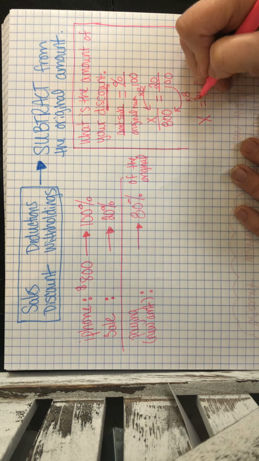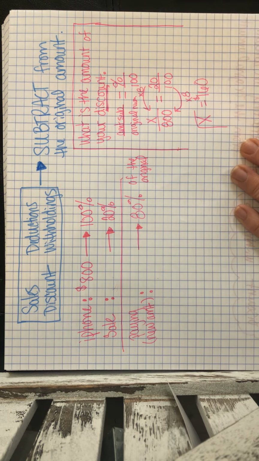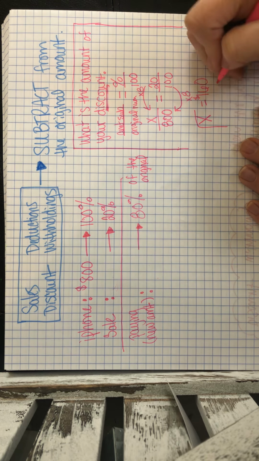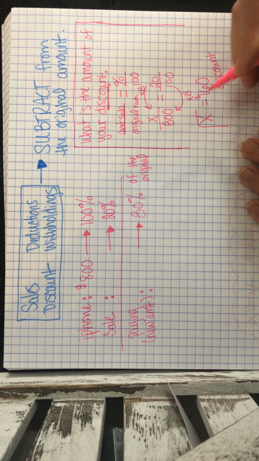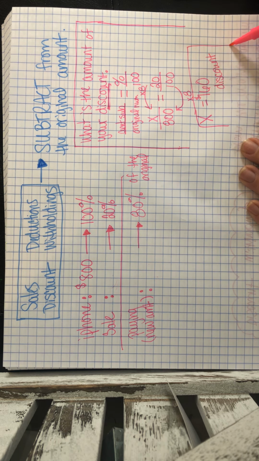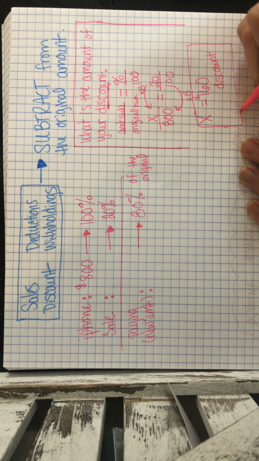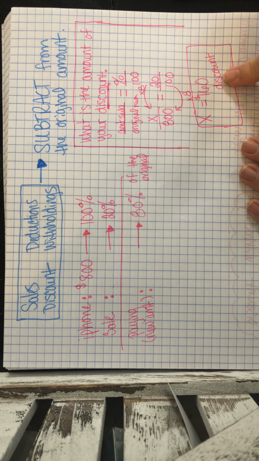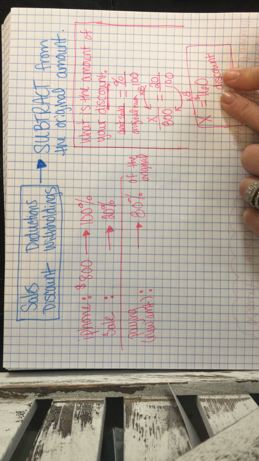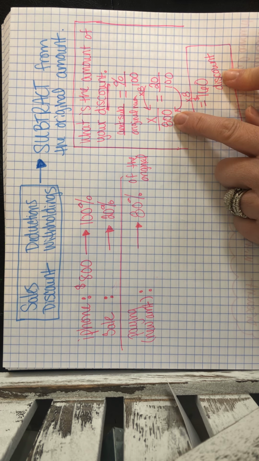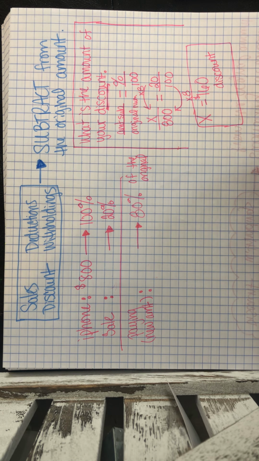So what that tells us is our discount is $160. So that's not how much we're paying, that's how much you can take off of your original price for $800. So the discount is what we can subtract from the original price.